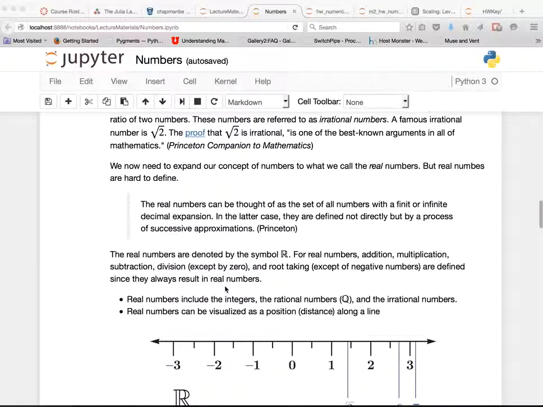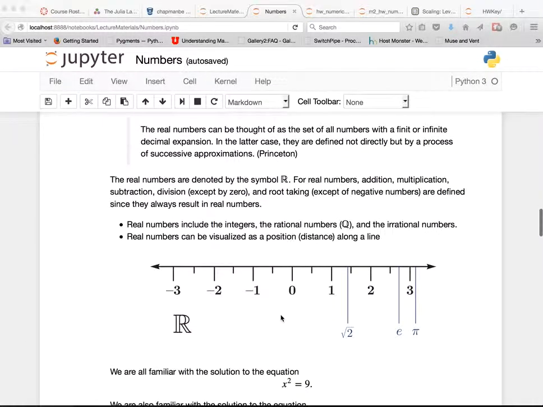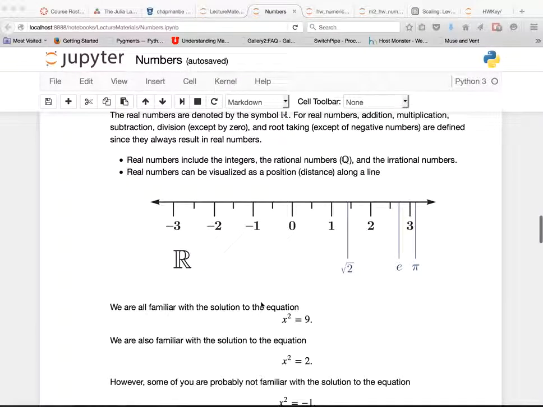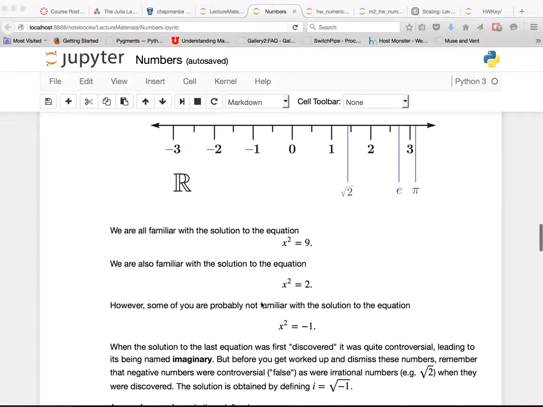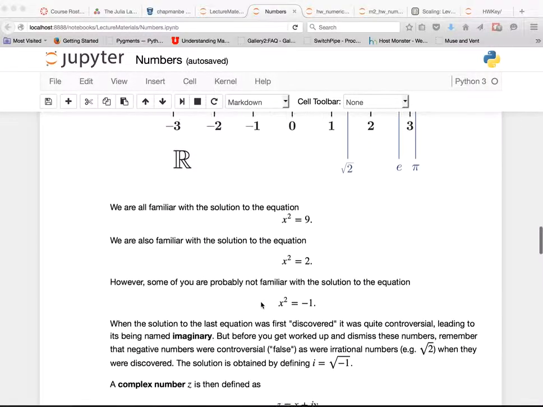Real numbers we can think of as positions along a line, and like I said, there's lots of interesting history associated with the real numbers.